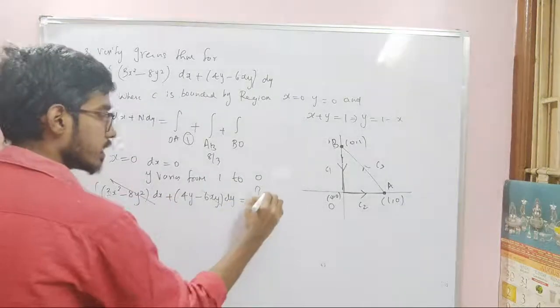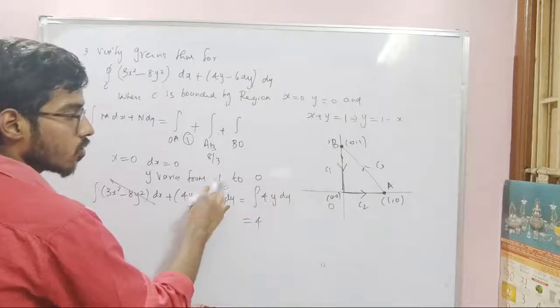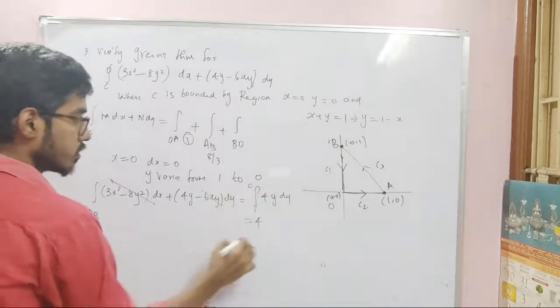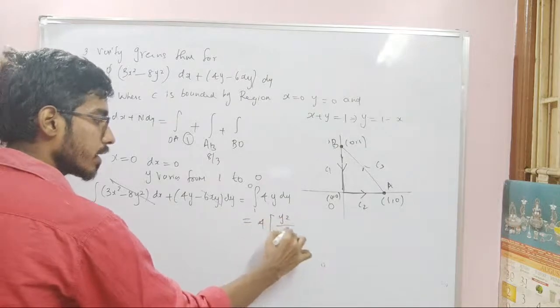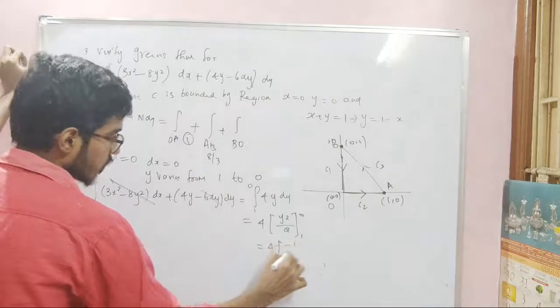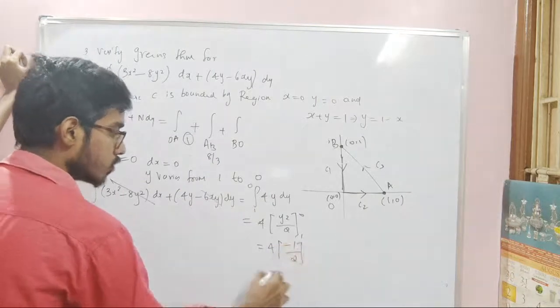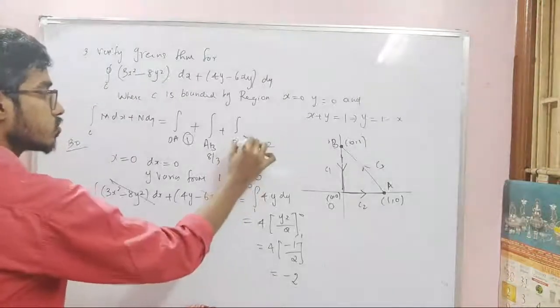So we have the integral of 4y dy, with y varying from 1 to 0. I can take 4 outside, and this will be y square by 2 from 1 to 0. Upper limit minus lower limit gives minus 1 by 2, so the answer is minus 2.